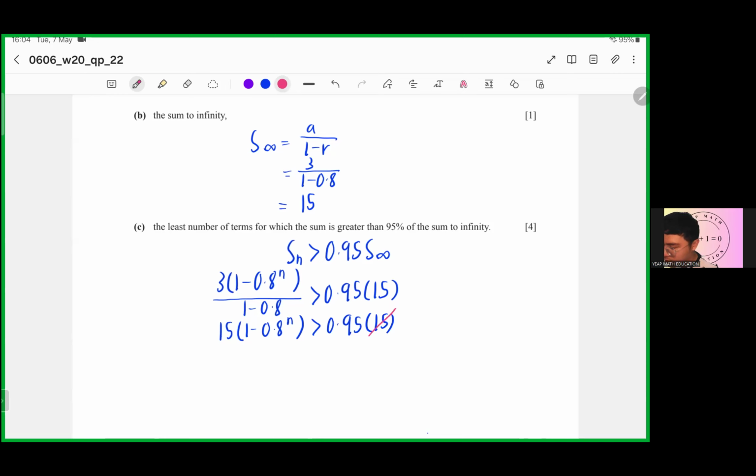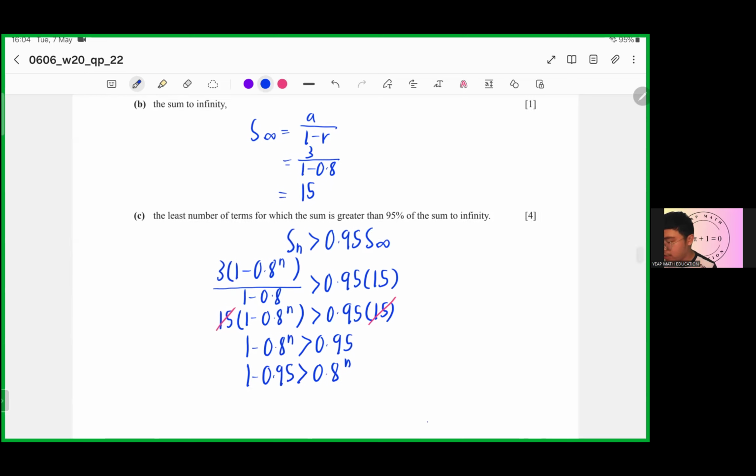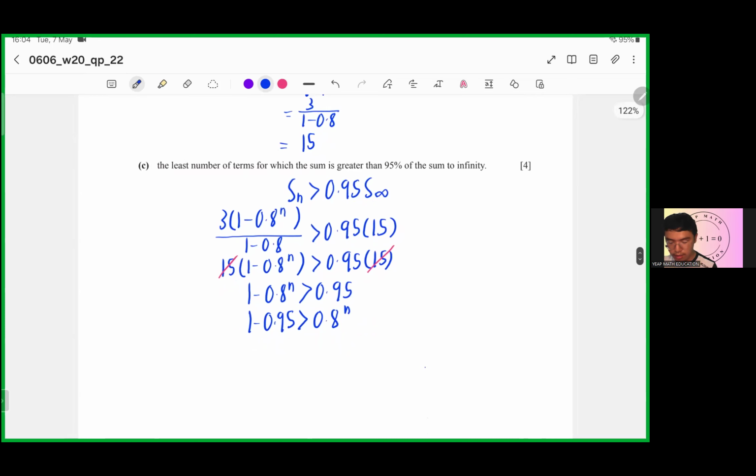Now this can be made 1 minus 0.95, and this is 0.8 to the power of n, less than 0.05. After that we can put the log. When we put the logs, make sure the inequality sign is changed.